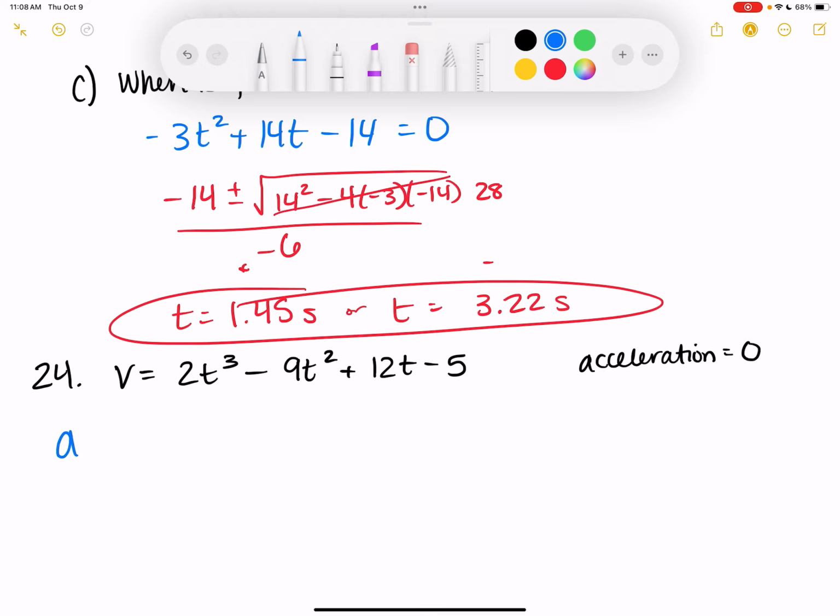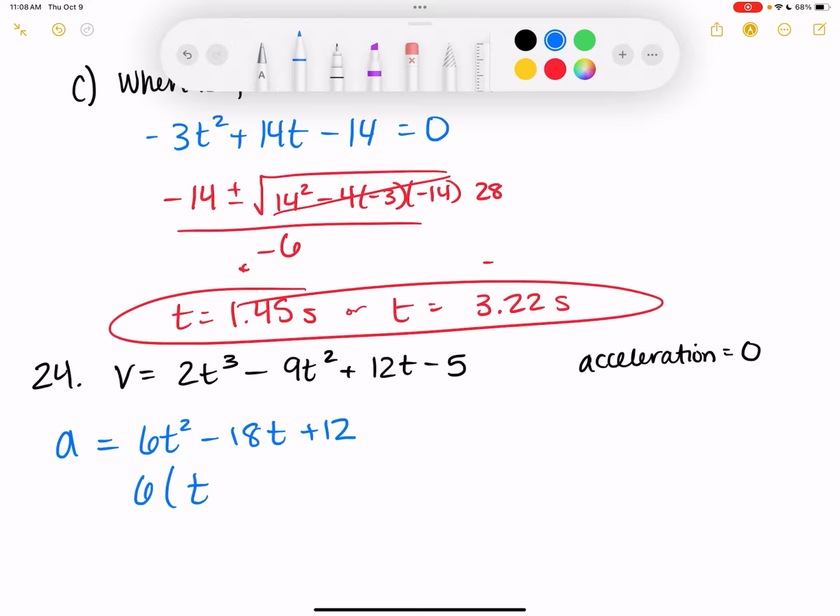All right, so acceleration is equal to 6t squared minus 18t plus 12. Now, at this point, before I do anything else, I would probably attempt to factor out a 6 to make my numbers easier.